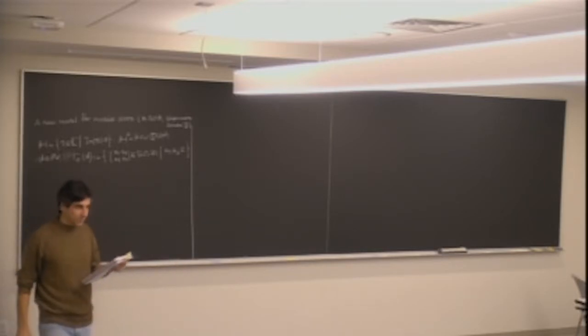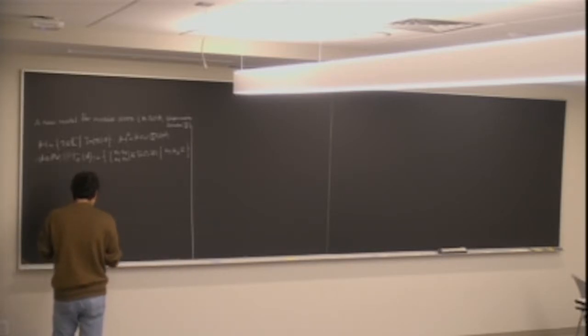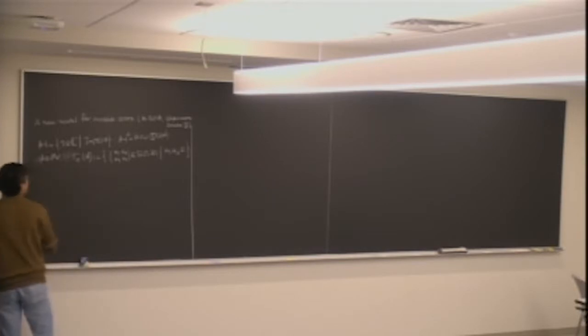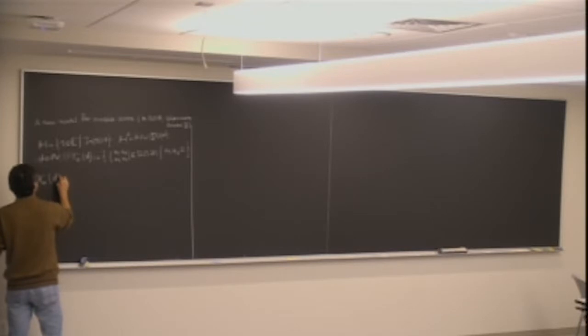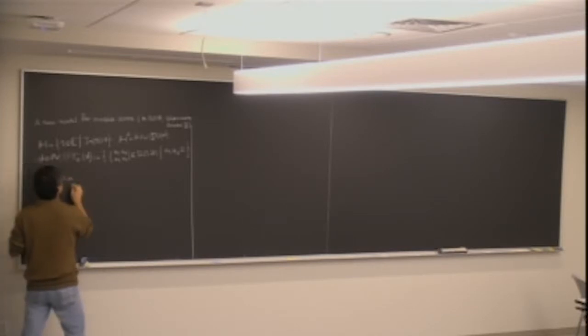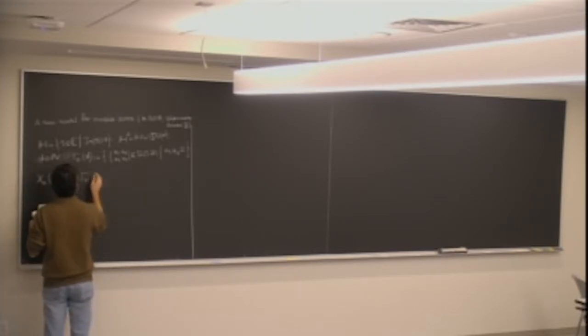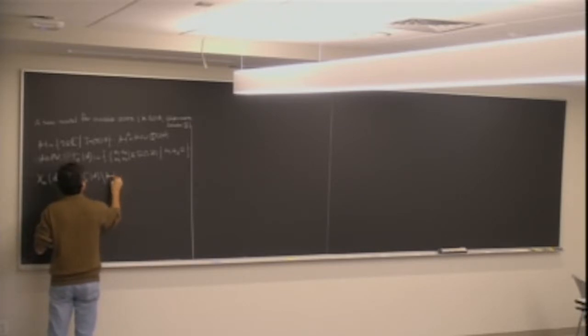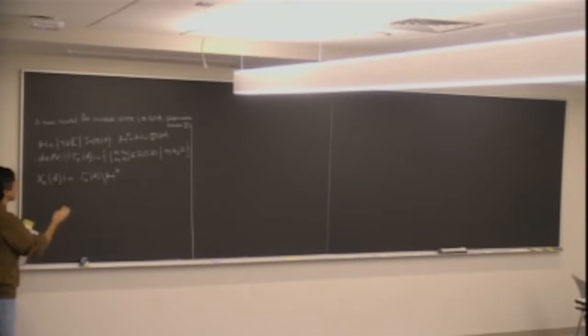I'm sure you have seen this group already. And the complex version of the modular curve that I'm talking about is X zero d, which is just the quotient by gamma zero d. So the action will be the usual Möbius one.